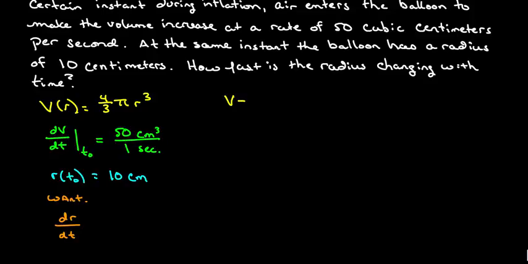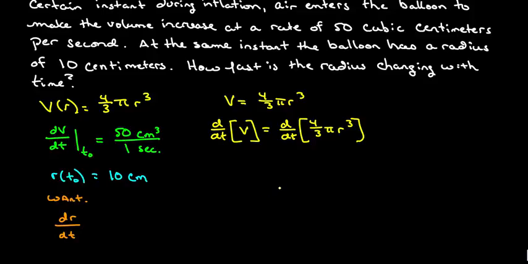So I'm just going to say V is equal to 4/3 pi r cubed, and what we want is to differentiate this using the chain rule. We want the rate of change with respect to time of V, and V is a function of t, so we're going to use a chain rule here. This is going to be d/dt of 4/3 pi r cubed.